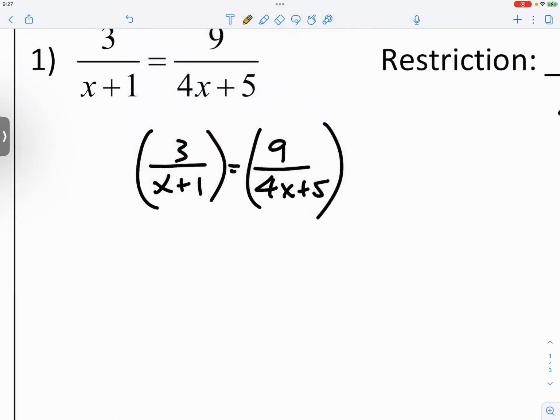I think you have only one choice, which is to multiply on both sides, so that the x plus 1 could be canceled out on the left. And then we ask the same question, how can you eliminate the 4x plus 5 on the right-hand side? You can multiply 4x plus 5 on both sides.